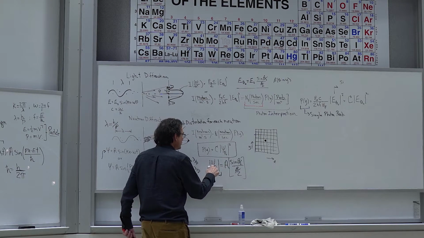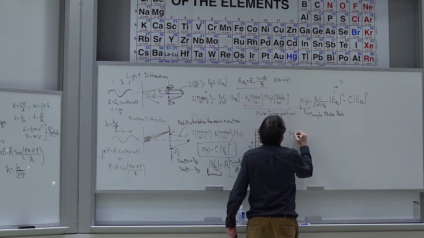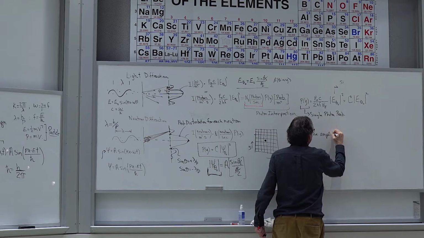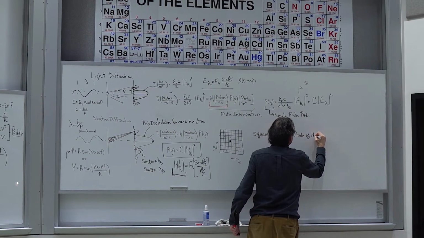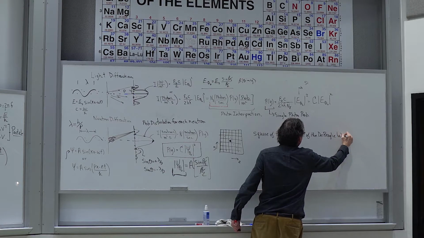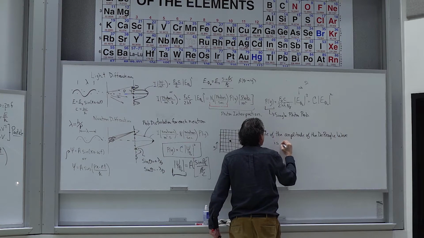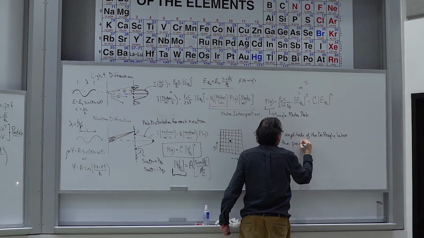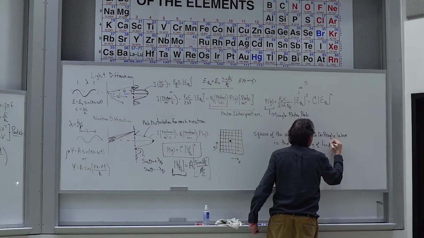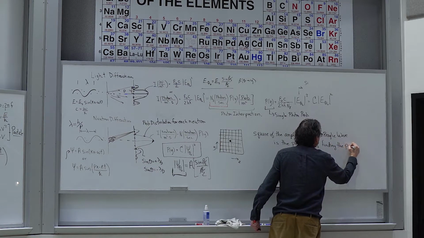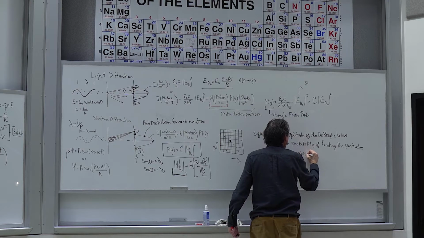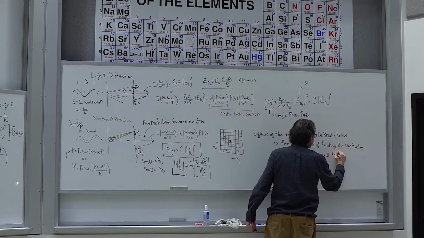The interpretation is that the square of the amplitude of the de Broglie wave is the probability of finding the particle at a given location x and time t, right?